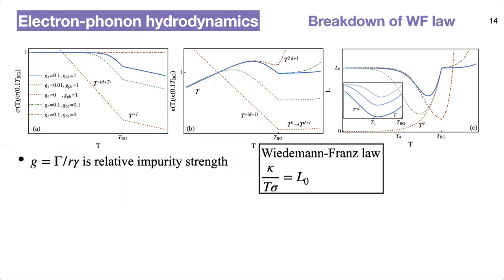Okay. Last, I want to talk about the application in real materials for this electron-phonon hydrodynamics. Recall that the Wiedemann-Franz law tells us that the thermal conductivity over temperature times electric conductivity is a constant. But here, as you can see, in the intermediate temperature region, we see a very strong variation of the Wiedemann-Franz law.